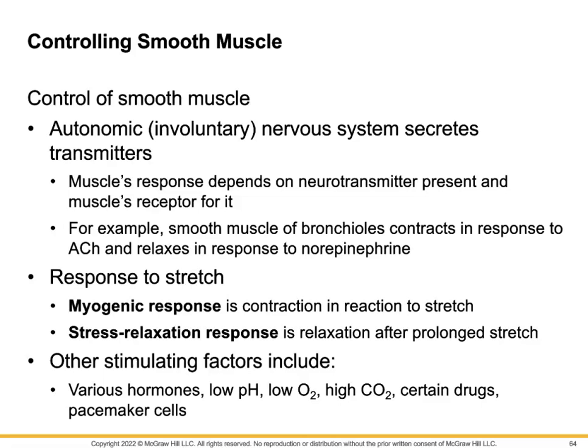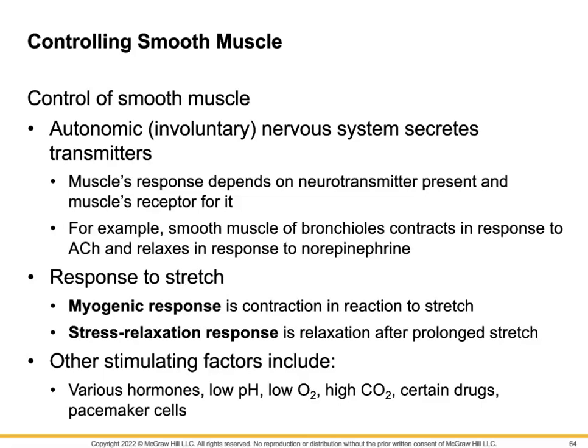So, for example, as you see here, the smooth muscle of the bronchioles will contract in response to acetylcholine and relax in response to norepinephrine. Okay, now acetylcholine causes skeletal muscle to contract, right? We've seen this. But what does it do for cardiac muscle? It slows contraction. So the autonomic nervous system has some strange actions on muscle, and we're going to learn much more about that.